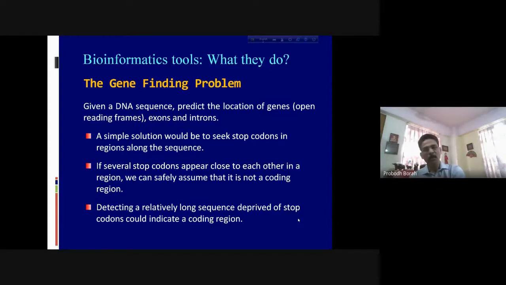When a genomic sequence is available for a particular organism, if you see the entire genomic sequence, each of the parts of the genomic sequences are not relevant to the coding part, or each part of the genome sequence is not involved in production of proteins and therefore not related to the phenotypic characteristics.